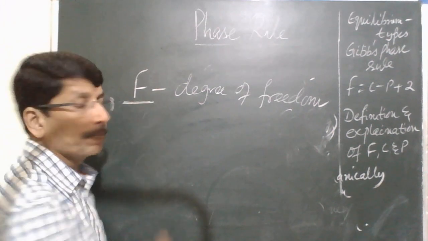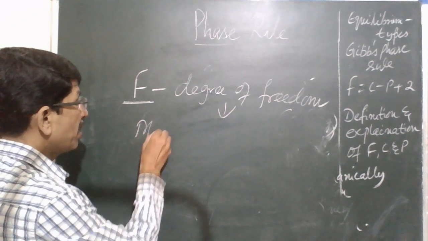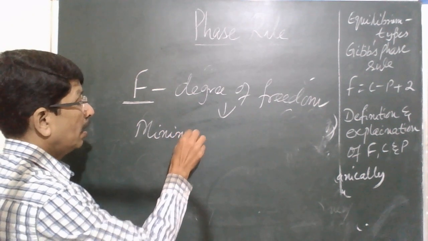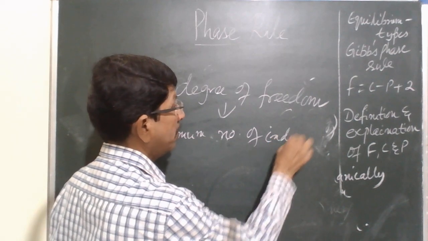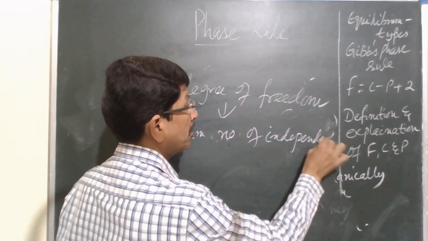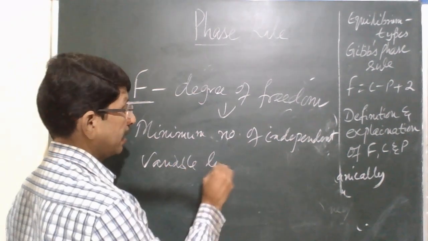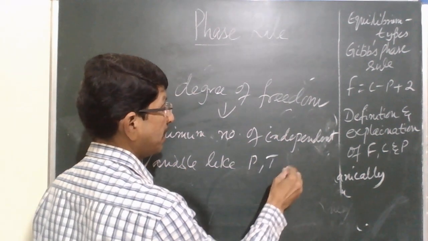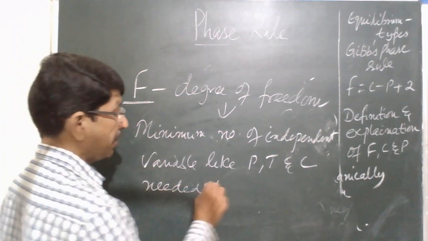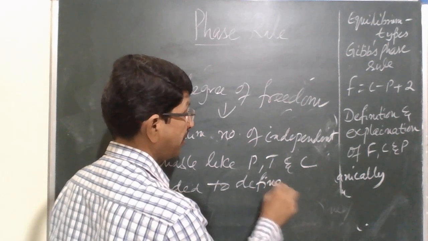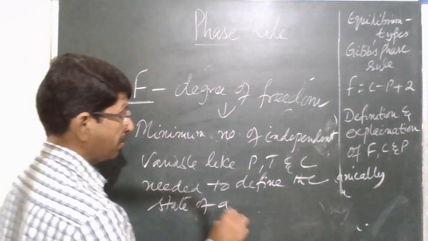Denoted by capital F. So degree of freedom is again defined as the minimum number of independent variables such as pressure, temperature or concentration needed to define the state of a system completely.